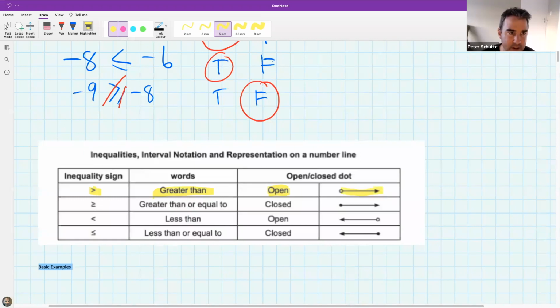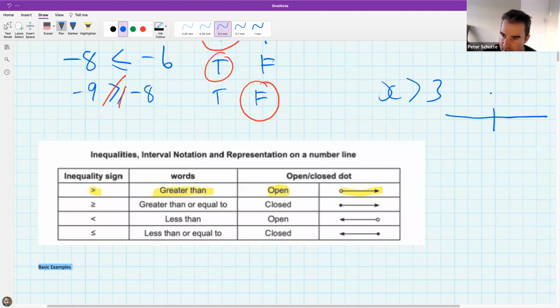An example would be, if I said to you, x is greater than 3, that's an inequality. On the number line, I would have a 3 and an open circle, and then all the numbers that are greater than 3 are the solution to this inequality.